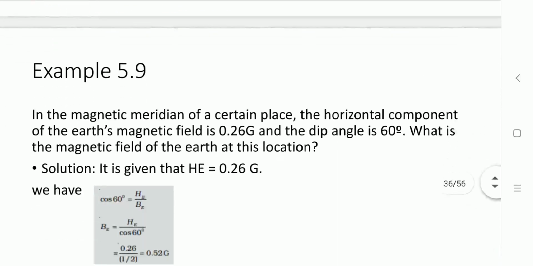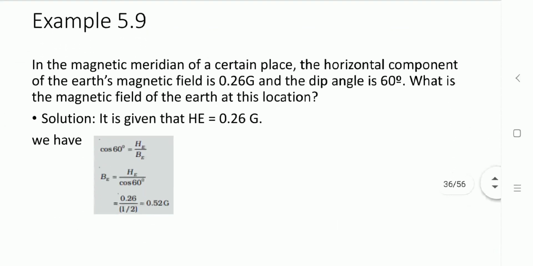Let us go through an example of it. In the magnetic meridian of a certain place, the horizontal component of the Earth's magnetic field is 0.26 Gauss and the dip angle is 60 degrees. What is the magnetic field of the Earth at this location? See, the horizontal component is given, that is HE, 0.26 Gauss. So cos 60 is HE by BE.